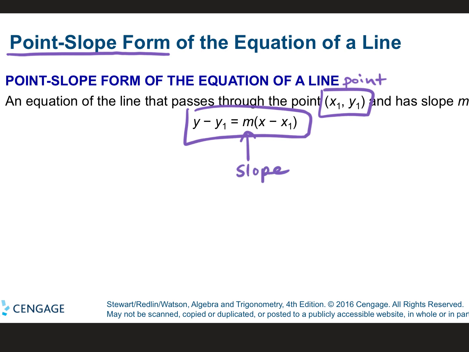In order to use this formula, we typically would like to be given a point and the slope, and then we can just plug those in. So we'd plug in our y1, our x1, and our slope. Your equation will always have an x and a y in it. We don't plug anything into the x and the y.